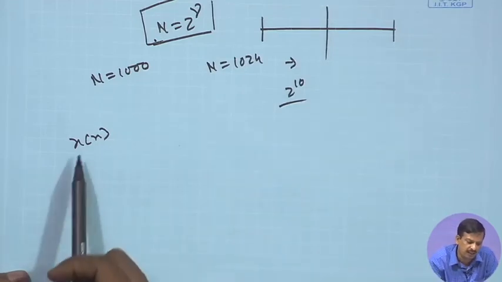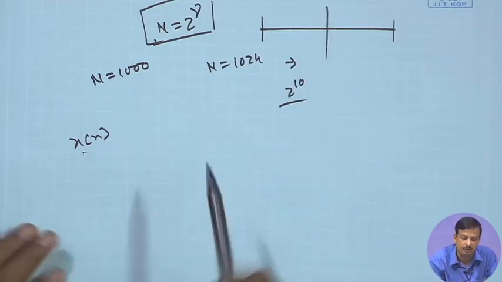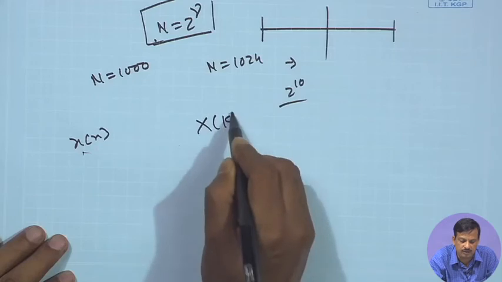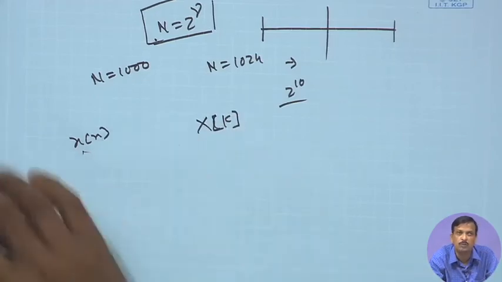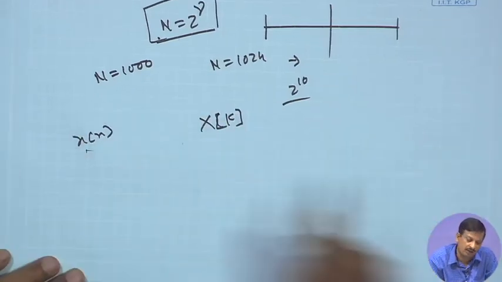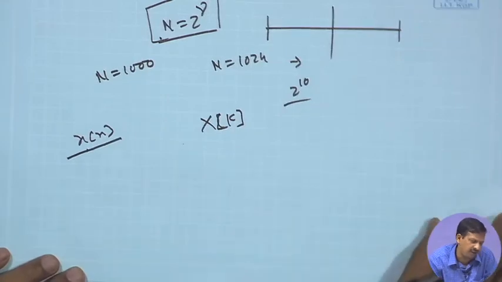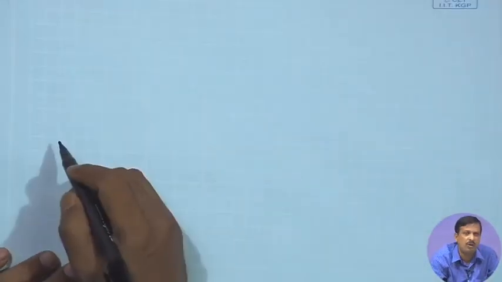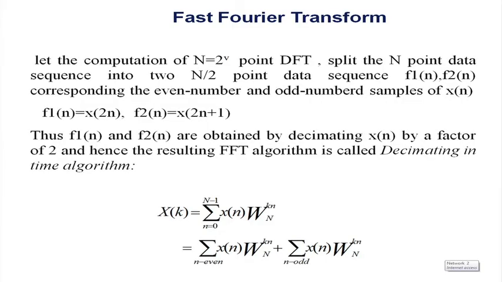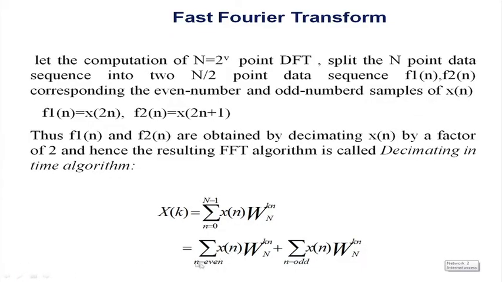So, either x[n] can be divided, or I can divide X[k] also. In two ways I can divide. So, let us start with the decimation in time algorithm. So, here what I do, instead of computing the whole DFT at a time, I divide the input signal into 2 terms, one is the even term, another is the odd term.